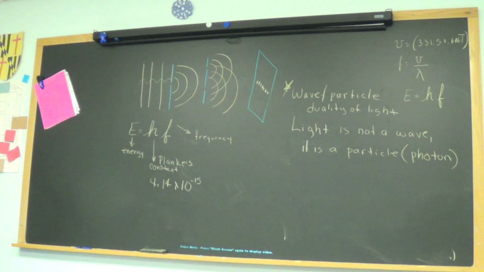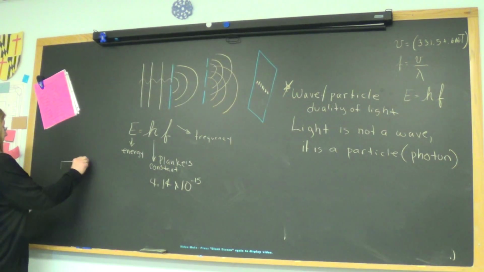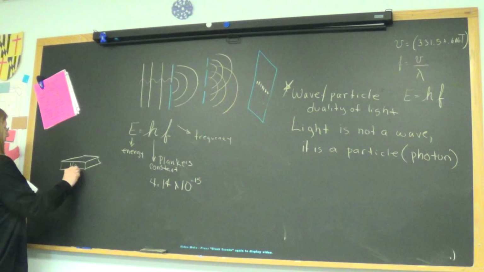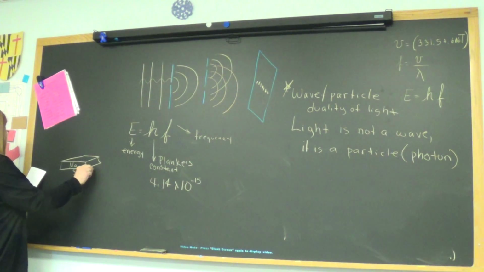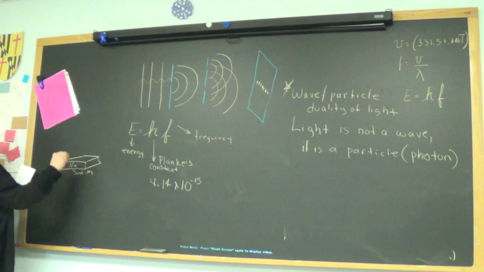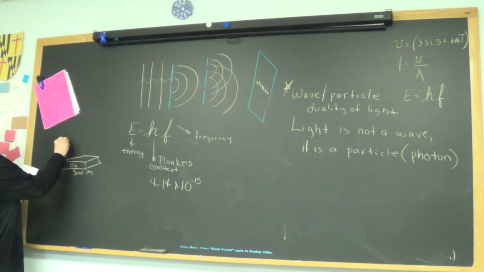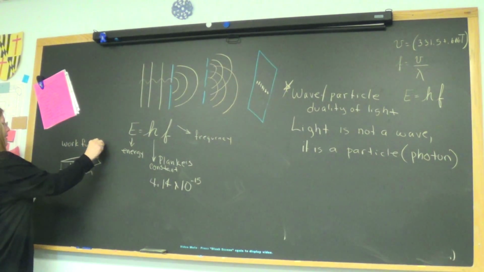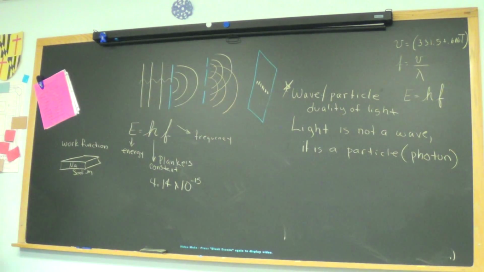All right, so let's do a problem. The metal is sodium. So we have some sodium metal, S-O-D-I-U-M, sodium. We are going to rate this metal with something called a work function. That is the strength of the metal to hold its electrons. It doesn't want them to go flying off.